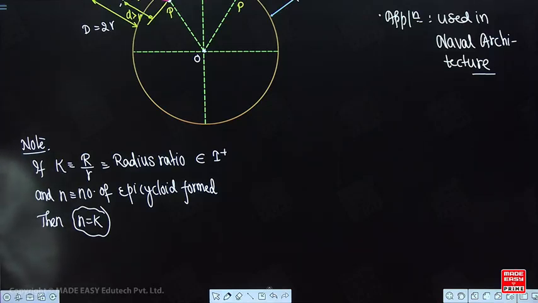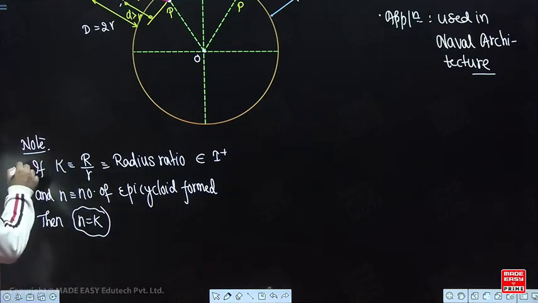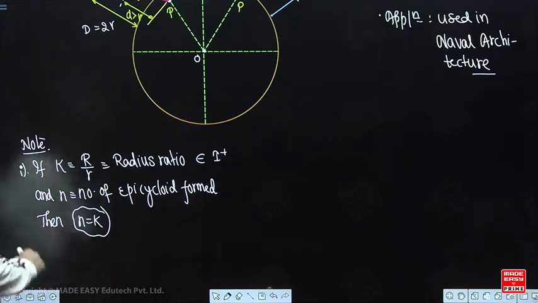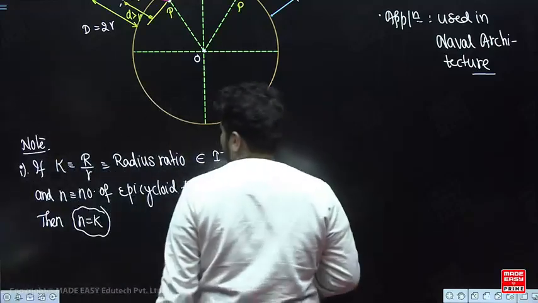Now if you say it is a fraction, like suppose 5/2, what will happen, right? So if k is equal to R upon r, suppose 3/2, so 3/2 is not an integer, but 3/1 it is an integer because R will become 3. So note number 1, n equal to k, right.